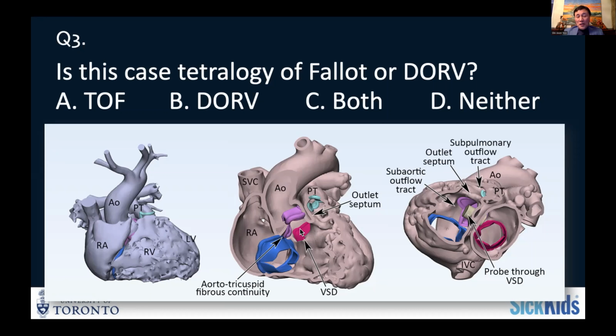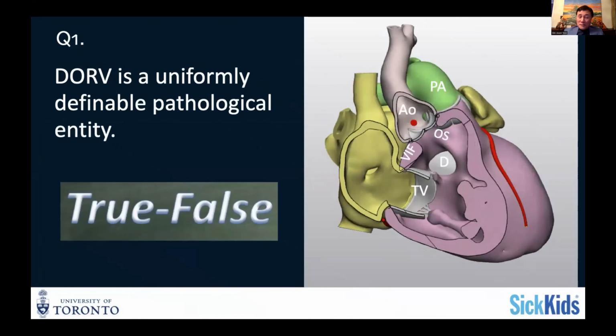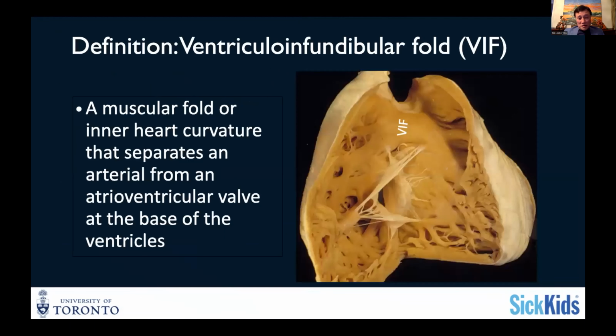The two terminologies are talking about different things. In this particular case there is tetralogy of Fallot, but there is double outlet right ventricle too. So the answer is both. Is double outlet right ventricle a uniformly definable pathological entity? No, definitely not. It is a collection of many, many different pathologies.